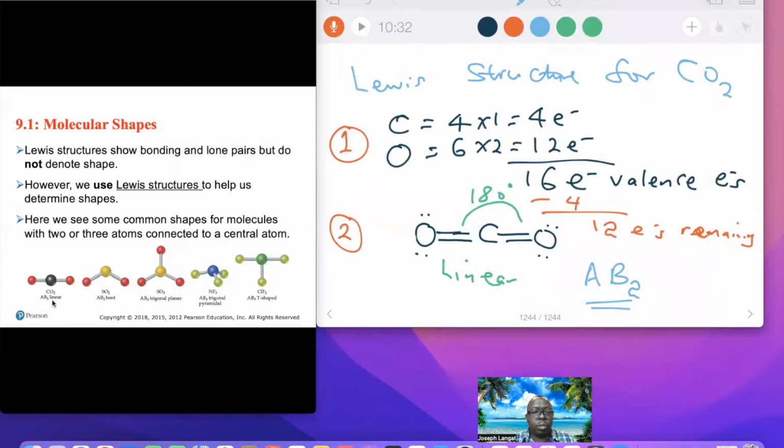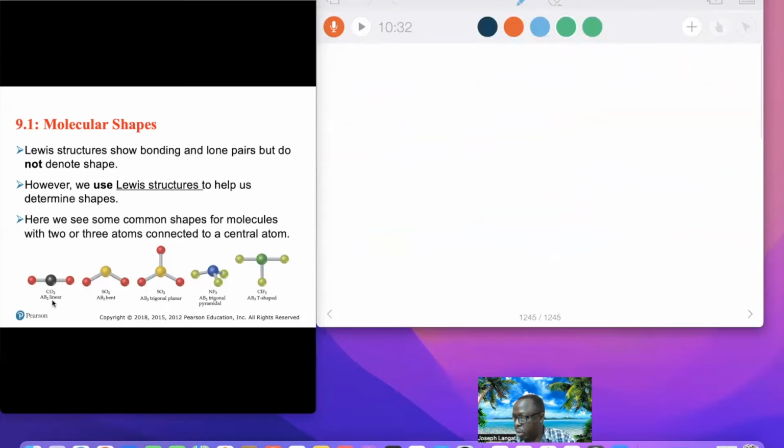I want to highlight two things, two types of shape you may be asked to state in a molecule.